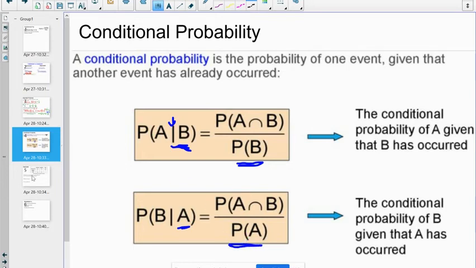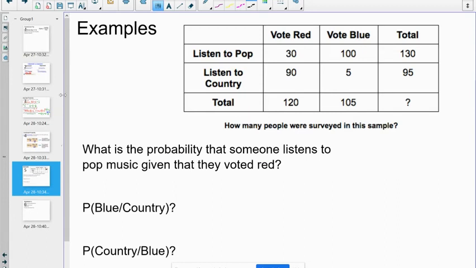We'll do some examples. In your quiz, you're going to either be given a question written out in full sentence form, like in the first one, or it's going to be given to you something like down here, where it means probability of blue given country.